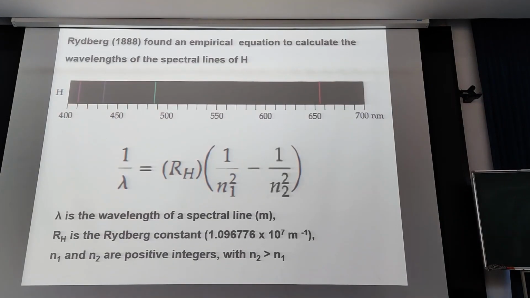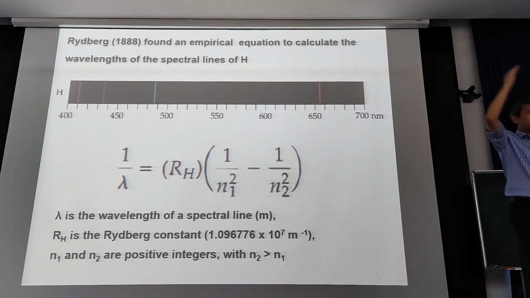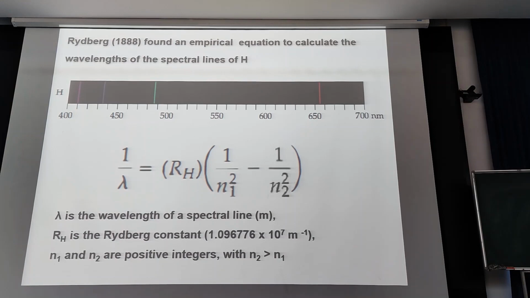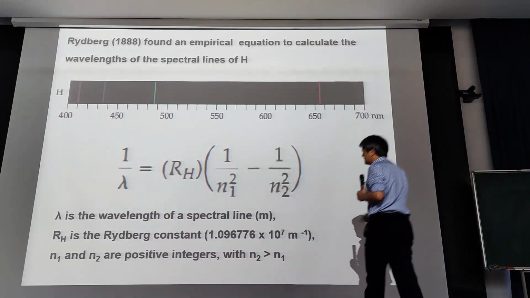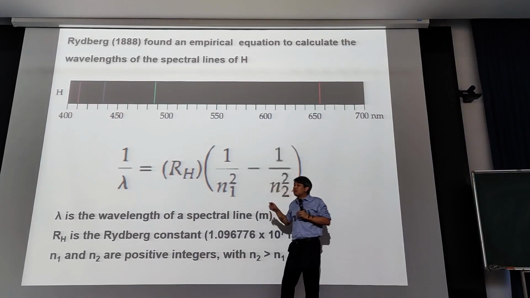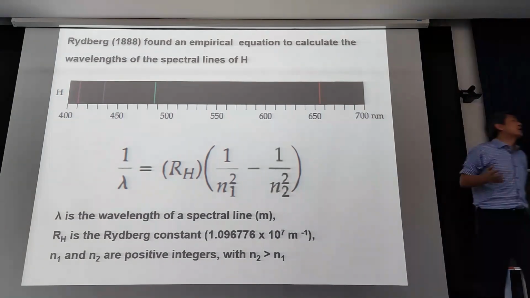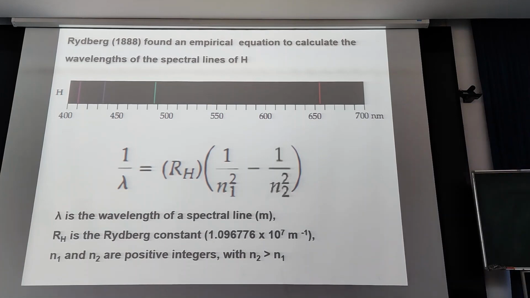So when the spectrum with a few light emission of the hydrogen has been discovered by experiment, one scientist named Rydberg, he discovered a formula, this one, purely mathematical, to describe precisely the emission of the light spectrum of the hydrogen. So basically, if you take the N1 and N2, any integer number, where N1 have smaller value than N2 for sure, right? Because it will not have emission with a negative value.